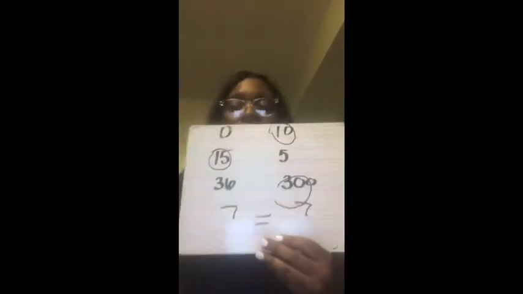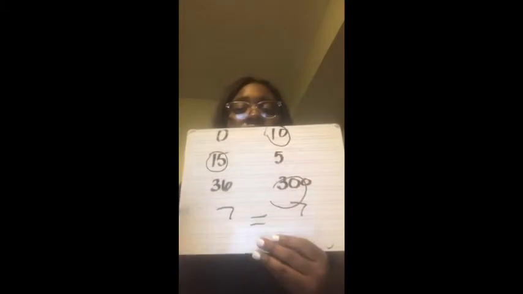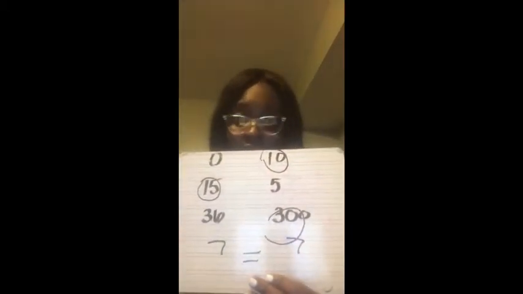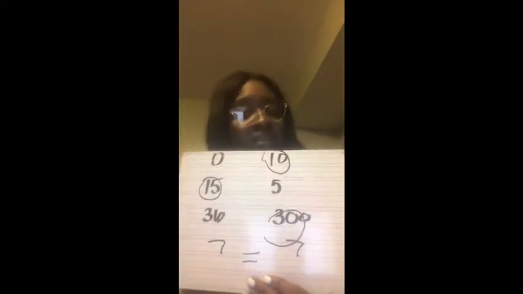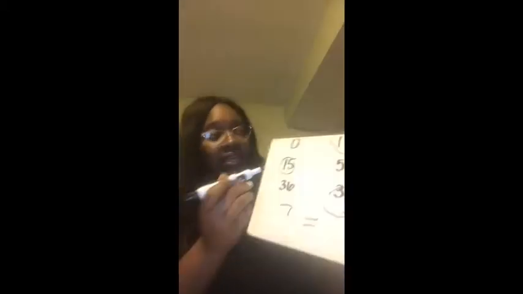We're going to use our equal sign to put down here because 7 and 7 are the same numbers, so they are equal. Neither one is higher, neither one is lower. So that's the easiest one to do. The next one, we can go back up to the top. We have 0 and 10. Now, we're going to say that 0 is less than 10.